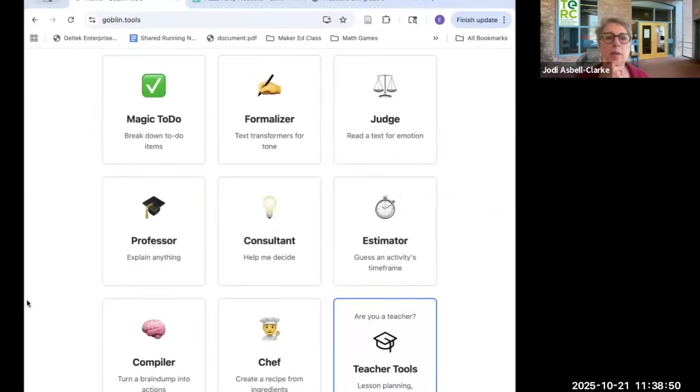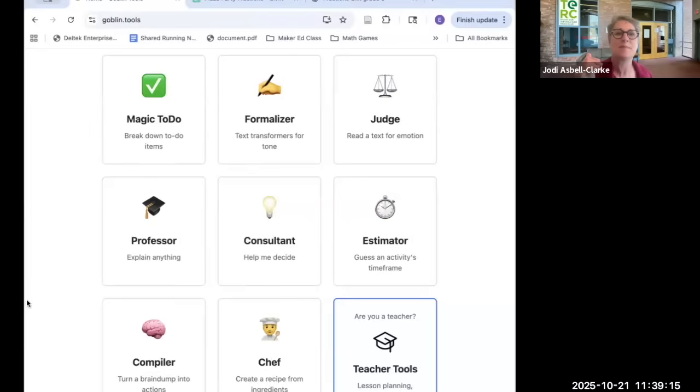There's a formalizer where you can change your writing for a different audience, either more or less formal, usually more formal. This is a challenge for some neurodivergent learners who really understand concepts but aren't very good at expressing them in the way that the world expects.